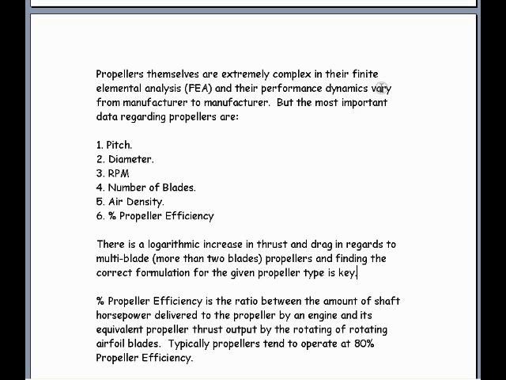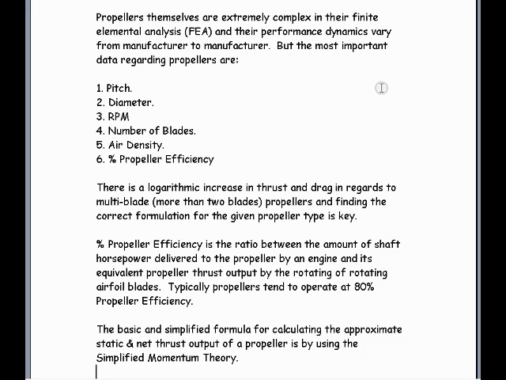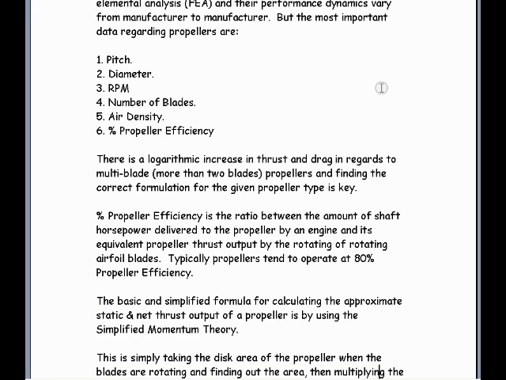There's a logarithmic increase in thrust and drag in regards to multi-blade, more than 2-blade propellers, and finding the correct formulation for the given propeller type is key. Percent propeller efficiency is the ratio between the amount of shaft horsepower delivered to the propeller by an engine and its equivalent propeller thrust output by the rotation of the rotating airfoil blades. Typically, propellers tend to operate at 80% propeller efficiency.